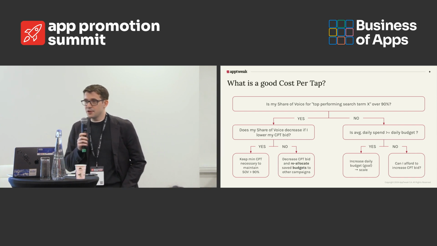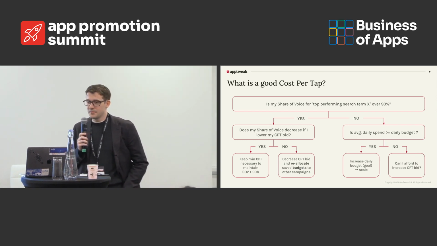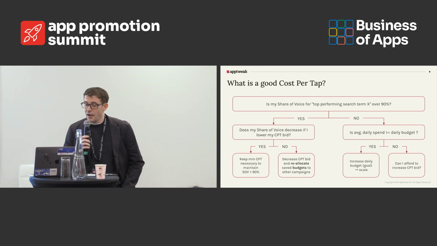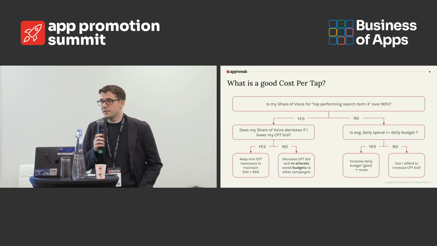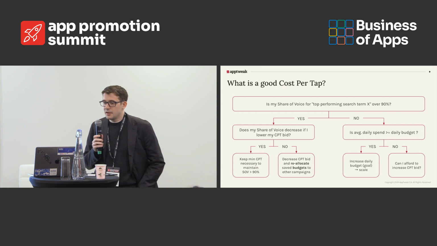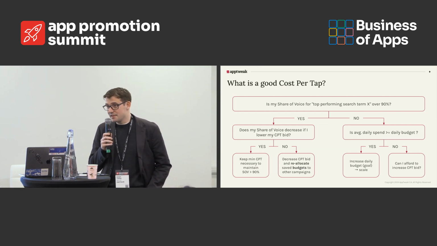If there's 100 impressions available for the keyword, and that keyword is working well for me, I want the 100 impressions. I might not be sure I get all 100, but Apple does share something called the impression share report, where I can see ranges of tens of percents that tell me where I'm at in terms of monopolizing the impressions.